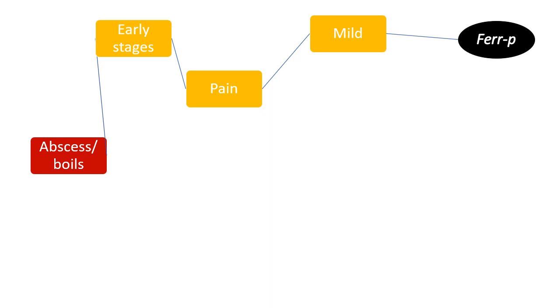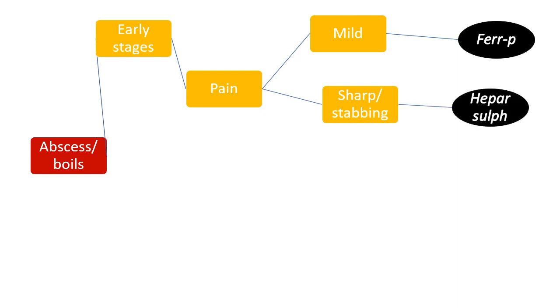If it's a mild pain, then you can start off with ferrum phosphoricum. You'll be seeing this remedy is very handy in the later videos and it works on a variety of complaints. However, if the pain is sharp and stabbing, in that case, you could use Hepar sulfuricum or Hepar or Hepar sulf.